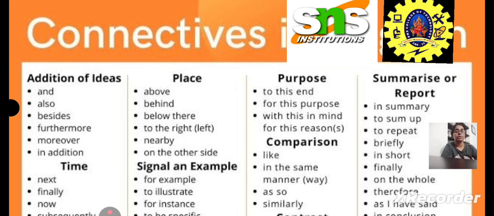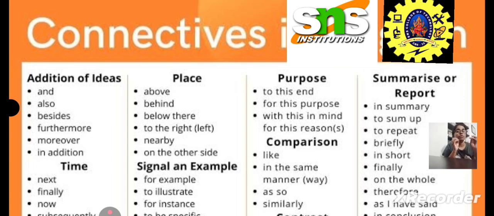Comparison we have seen already. Now conditions. Condition words are also connectors, which bring out the condition in a sentence, connecting the main clause and the subordinate clause. If, unless, in case are a few condition words.